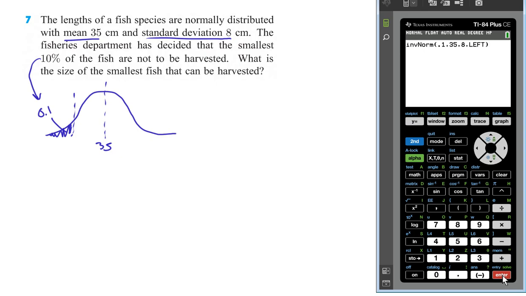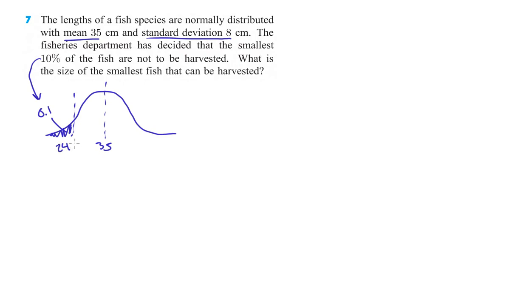It will automatically default to give you the leftmost. And that value right here is going to be about 24.7 centimeters. So any fish that's 24.7 centimeters or less needs to be not harvested.